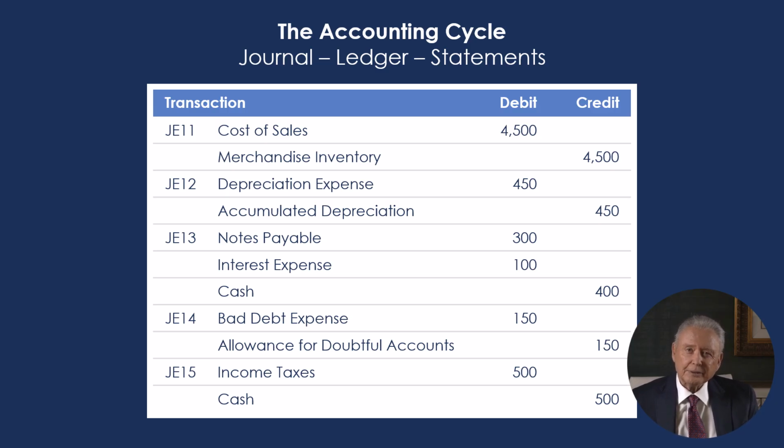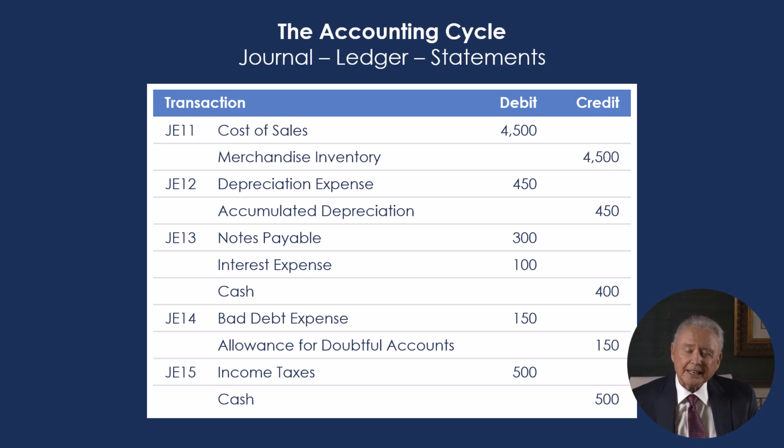Depreciation expense has to be calculated and recorded, $450. Accumulated depreciation is credited for a like amount. The account is a valuation or contra account, a reduction of the value of equipment.